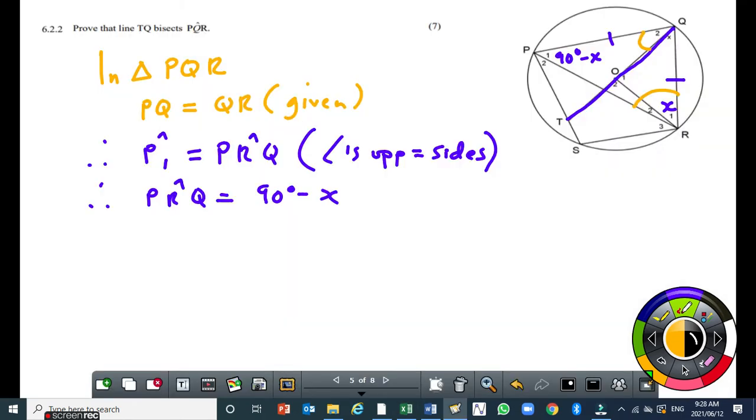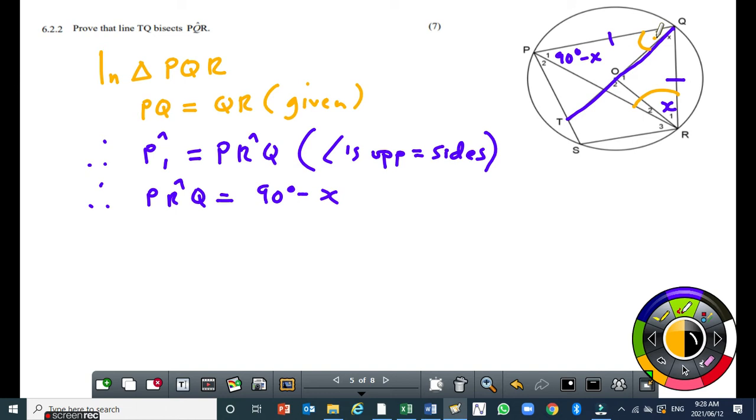I need to prove that this Q2 here is equal to X. You know this angle Q is equal to 90 minus x.